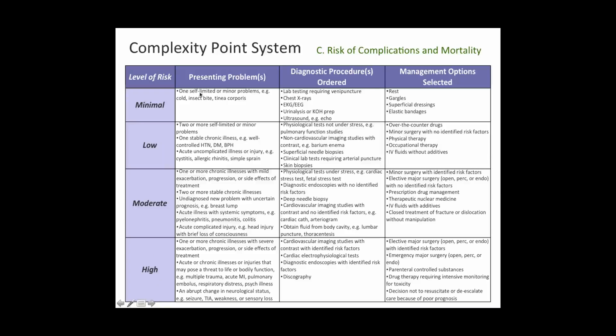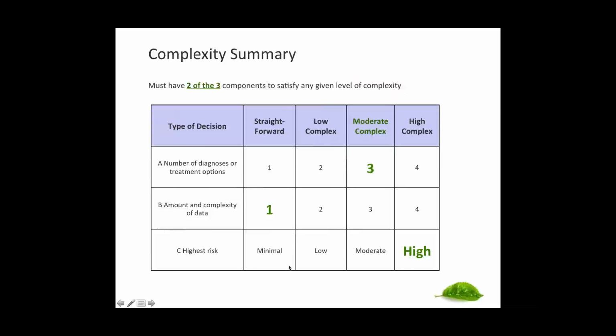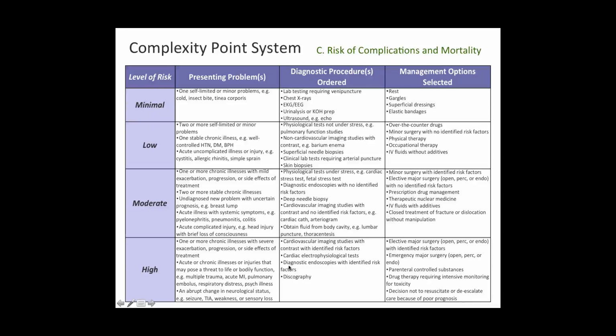So the way this table works, you have presenting problems, diagnostic procedures ordered, and management options selected. And then below here, you can see we have your level of risk. Now, the way this table works is that the highest of what you mark in any one of these areas will become your overall risk.